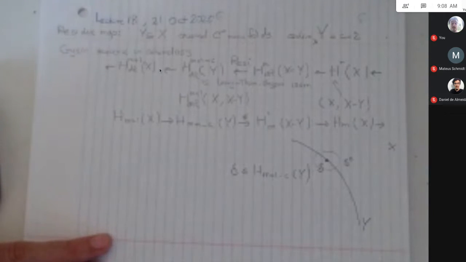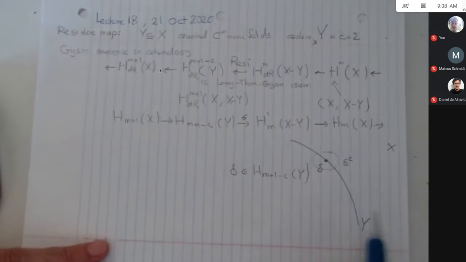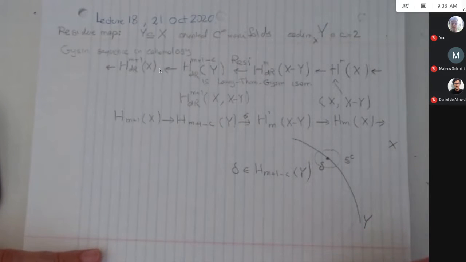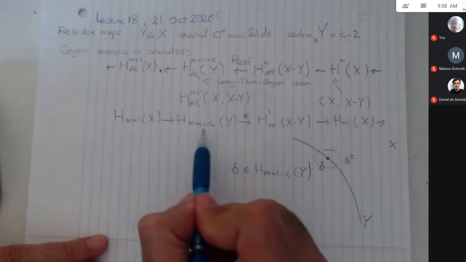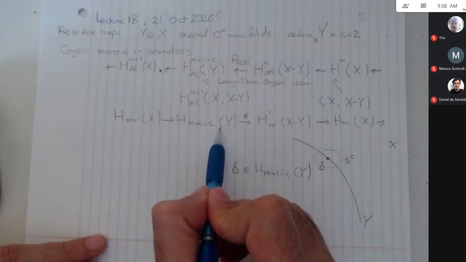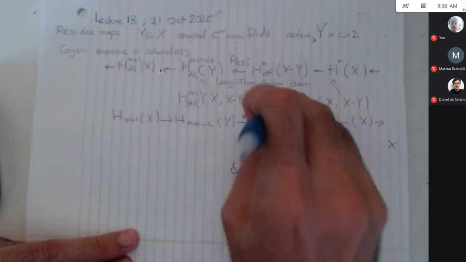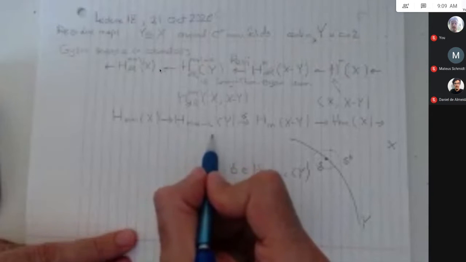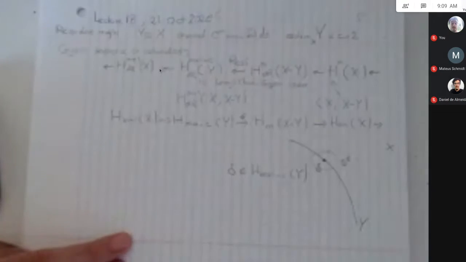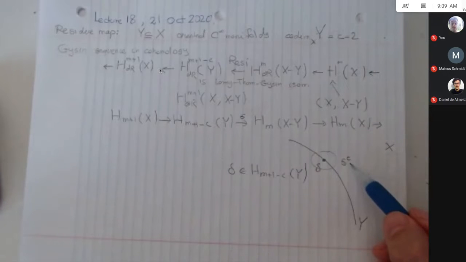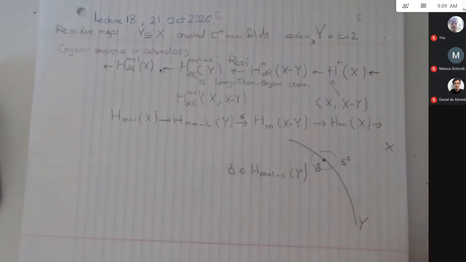But just a moment. When c is 2. So it is m plus 1 plus c. Let me see.